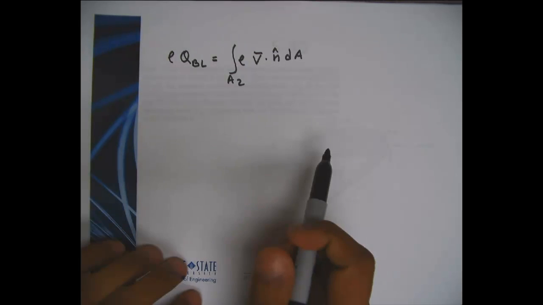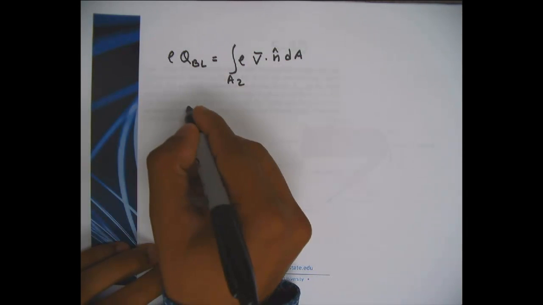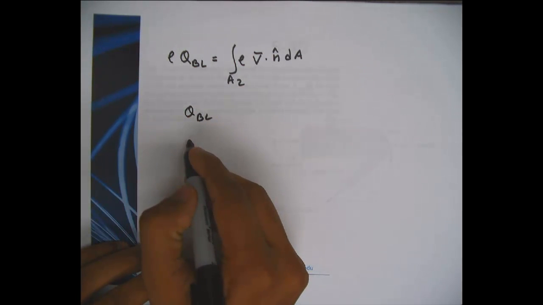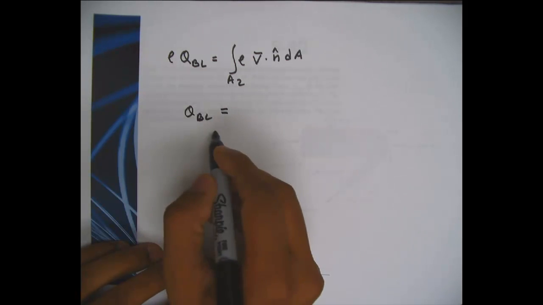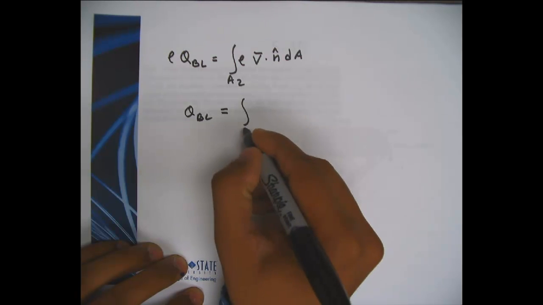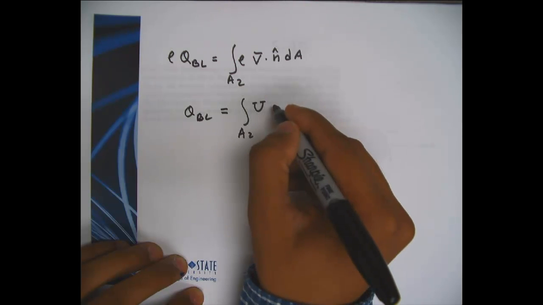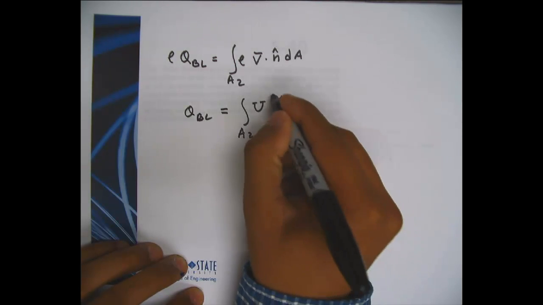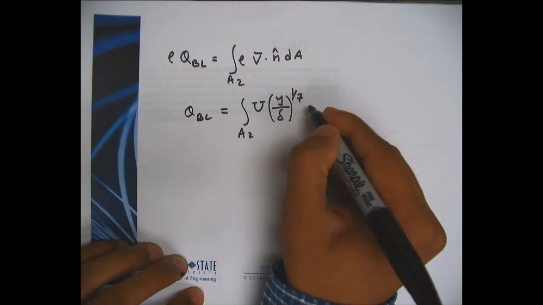And you are given the relation of the profile, so I can take out the densities and cancel them, since it's incompressible. Q BL is the integral of U times (y over delta) to the power 1 over 7 dA.